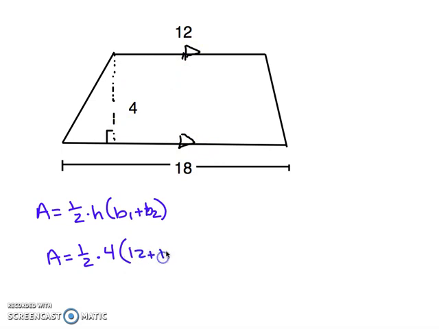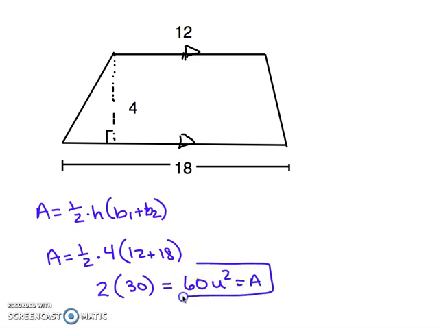So we put 12 plus 18. 4 divided by 2 would be 2, times 12 plus 18 is 30. So when we solve for that, we'd get 60 units squared equals our area for this trapezoid.